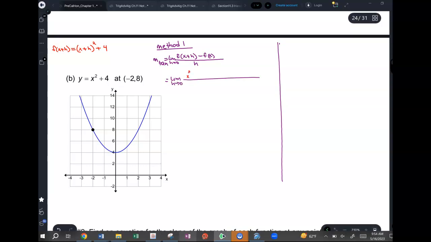So it's going to be x squared plus 2xh plus h squared plus 4, minus f of x, which is x squared plus 4. That parentheses is so crucial there, all over h. If I distribute this, I'm going to get negative x squared, negative 4.